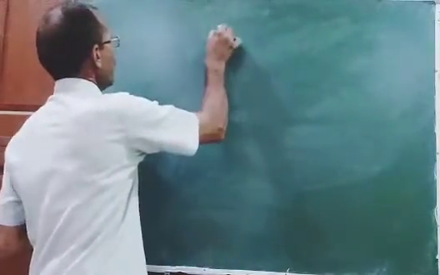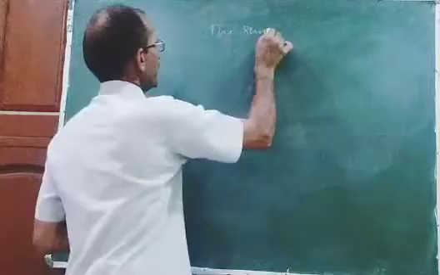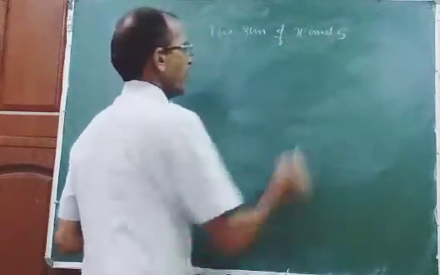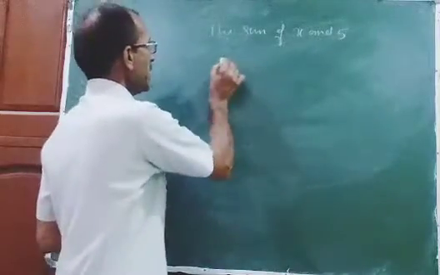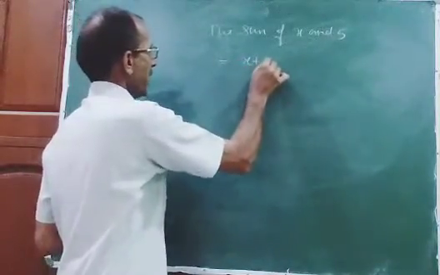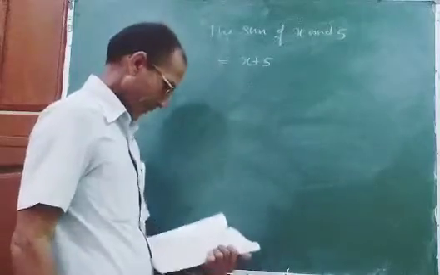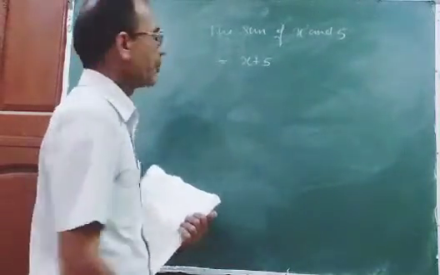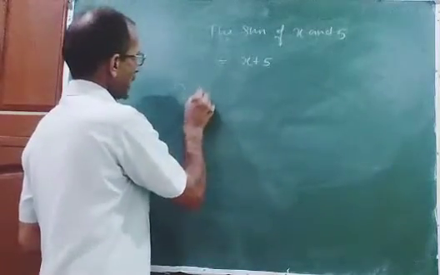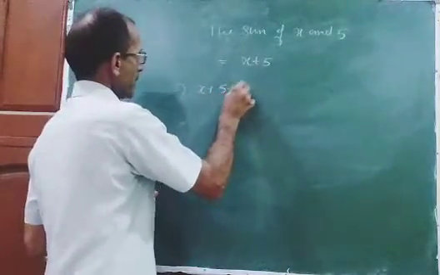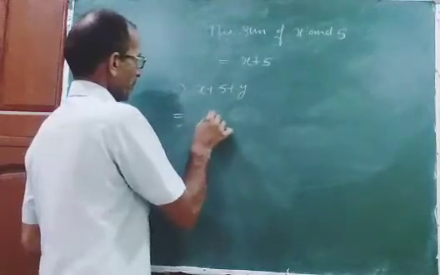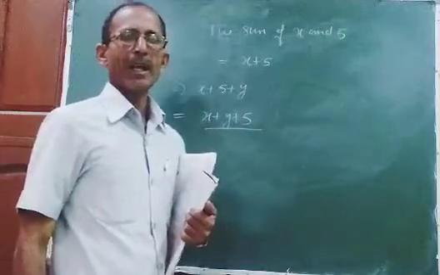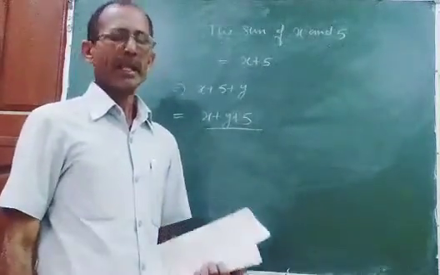The sum of x and 5 is x plus 5, and it will be added to y. So x plus 5 plus y. It will be equal to x plus y plus 5. So this is the algebraic expression of the given statement.